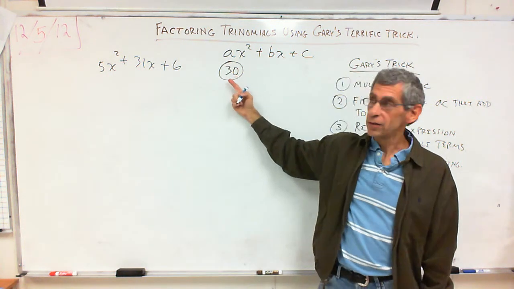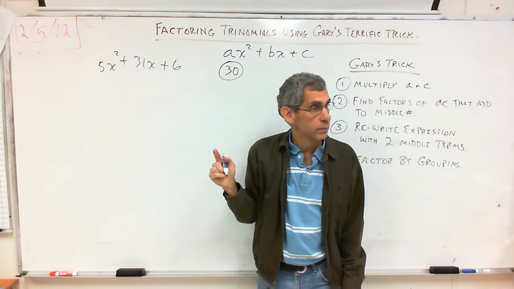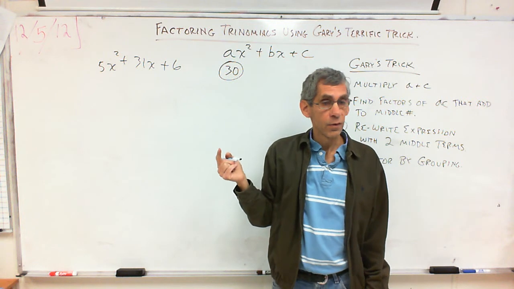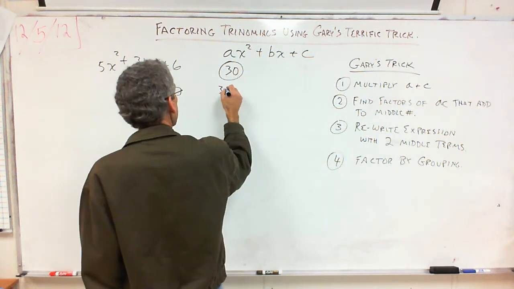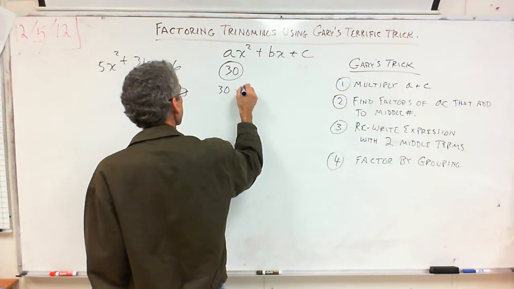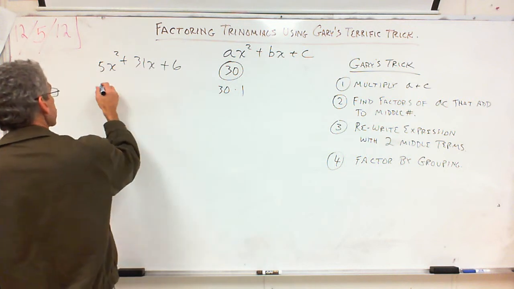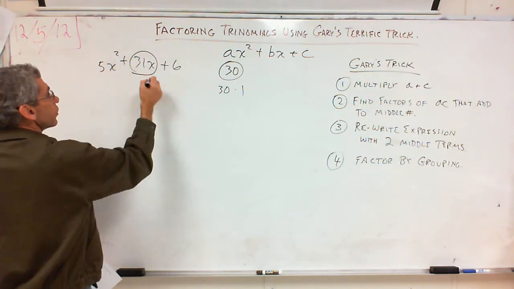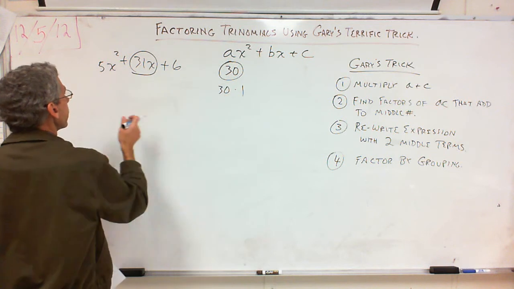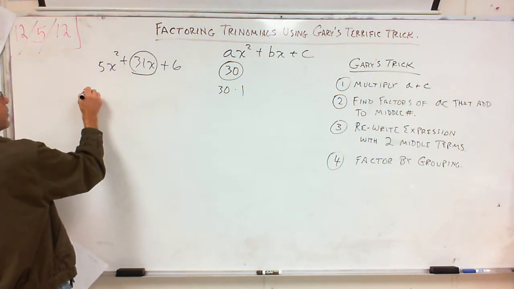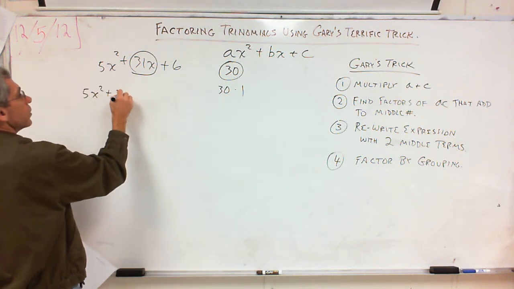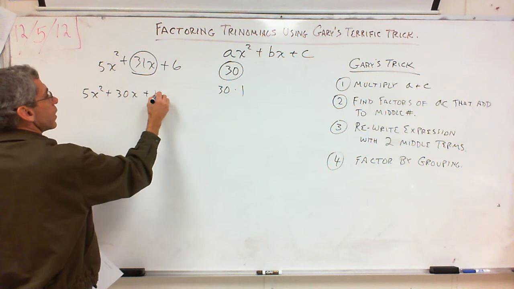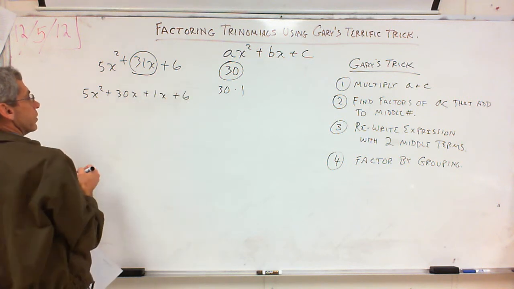Factors of 30 that add up to 31: 30 and 1. 30 times 1. So now I'm going to rewrite this as a four-term expression, turning the middle into 30x plus 1x. So I'll do 5x squared plus 30x plus 1x plus 6.